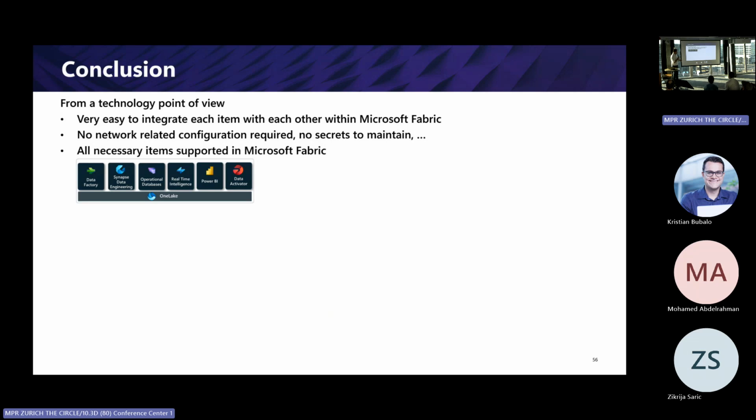And one of the nicest features, which is perhaps not so obvious, is that we haven't spent a second talking about any kind of network security or permissions during the project, because everything is unified, everything is there, everything is already connected to each other. And you see, we haven't stored any credentials anywhere. Yes, we created connections, obviously, but for the notebook to write into an Eventhouse and so on, it's just one single line of code to create an access token. So that was really nice.